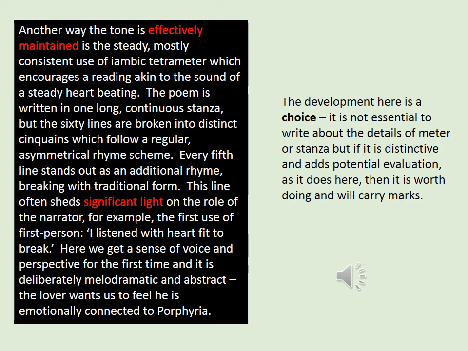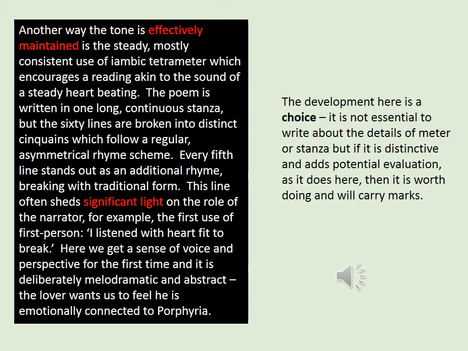Here in Porphyria's Lover, with a very even, measured tone and meter, there could be a good discussion about the matter-of-fact tone and style of the speaker's voice, which juxtaposes with the murder and the psychopathic tendencies.